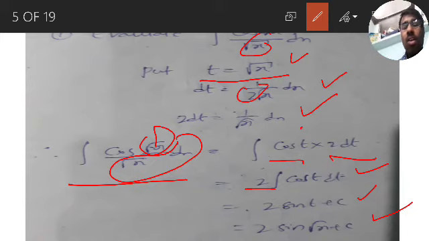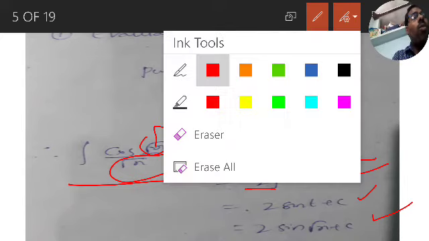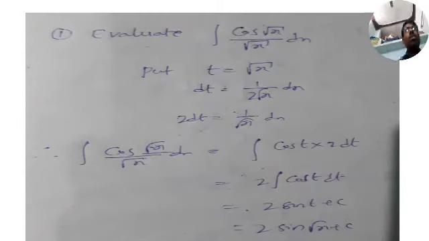Are you getting, guys? Yes. So note down the problem. I am clearing all this. Just note it down.